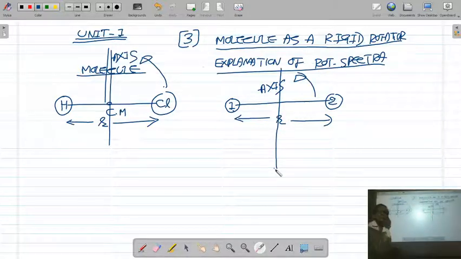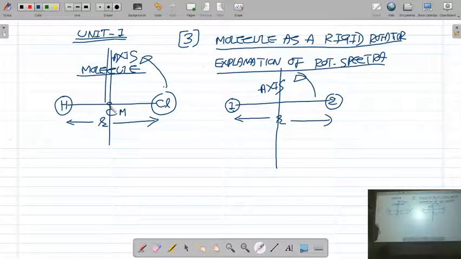Now our diatomic molecule has two atoms, an H atom and a Cl atom, meaning two particles. If we assume that the internuclear distance R is fixed, constant, then we can consider this diatomic molecule as a rigid rotator and apply the rigid rotator model to it.